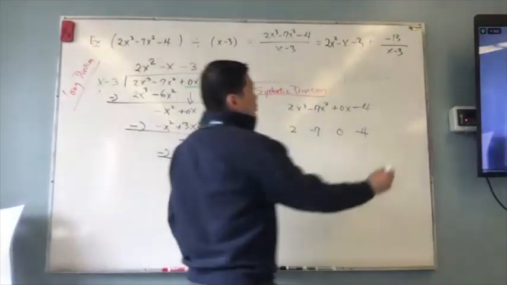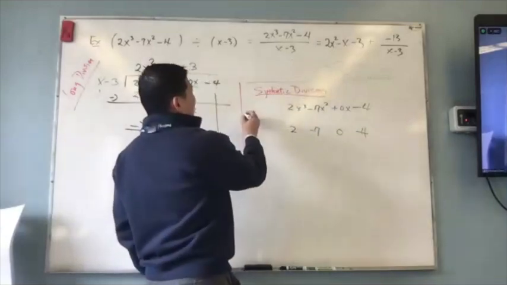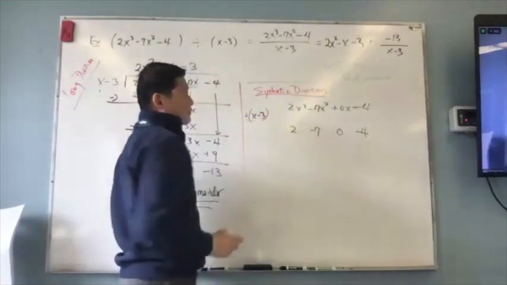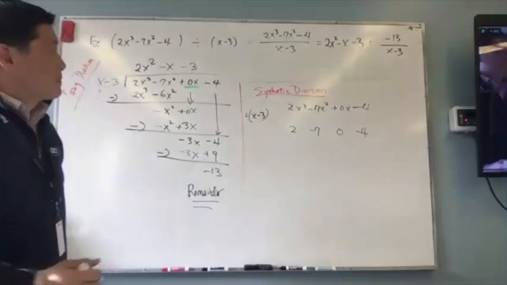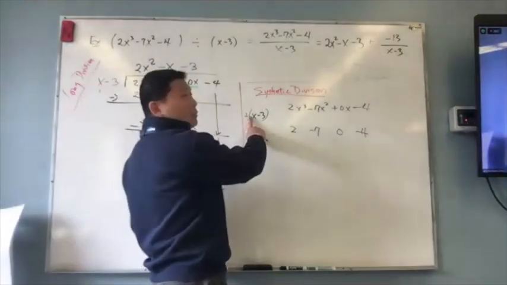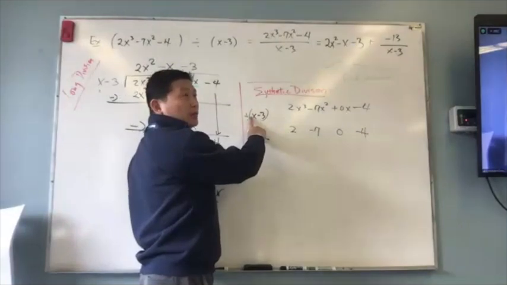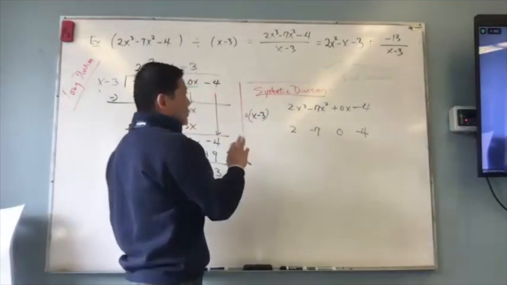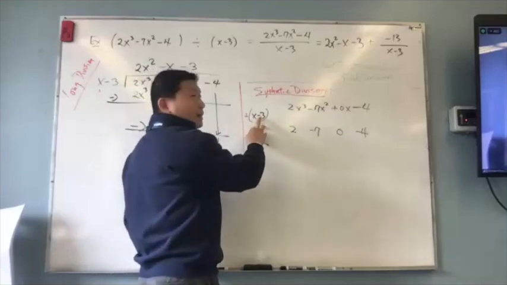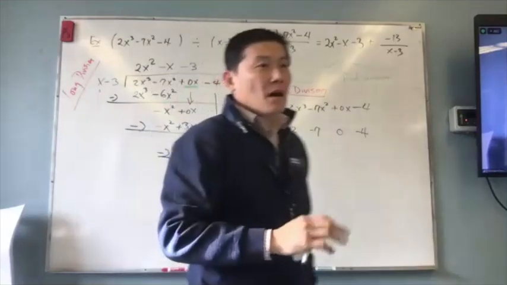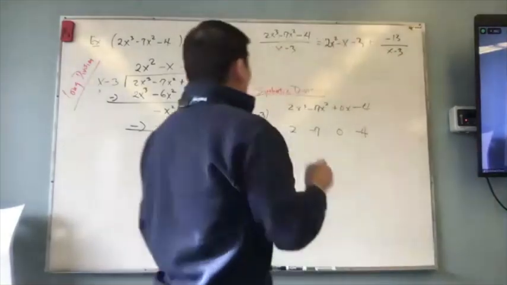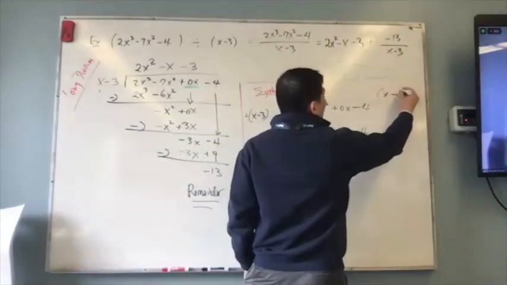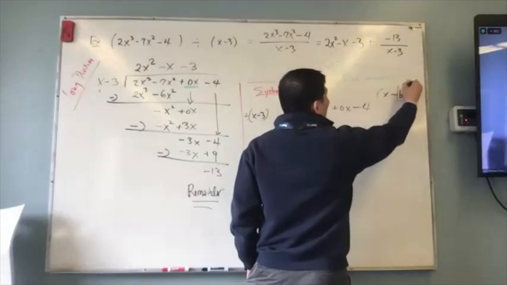Now, since this is dividing x minus 3, there is no number in front of x. This is the first thing I check. No number in front of x, which is great. And then there's a minus 3. What I usually look at is ax minus b, and just look at b.